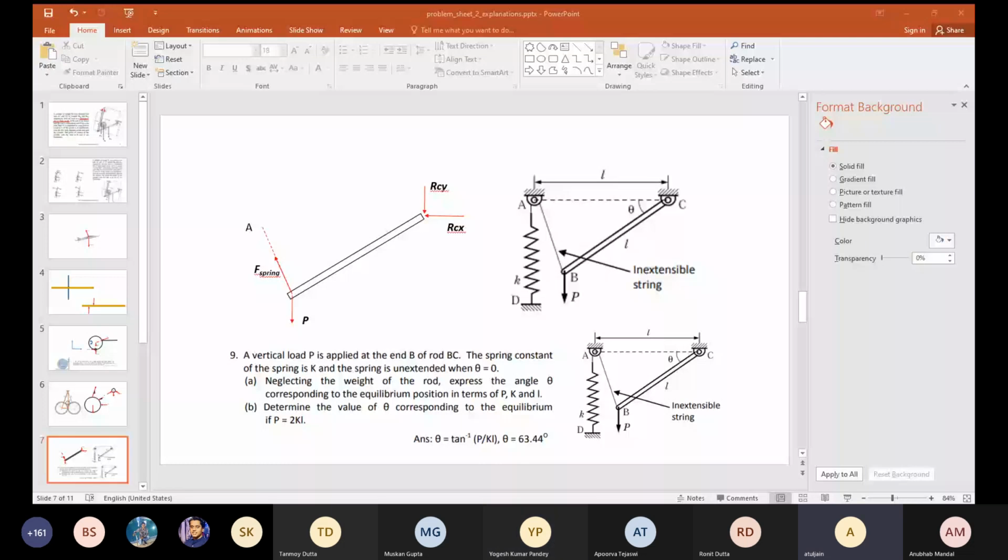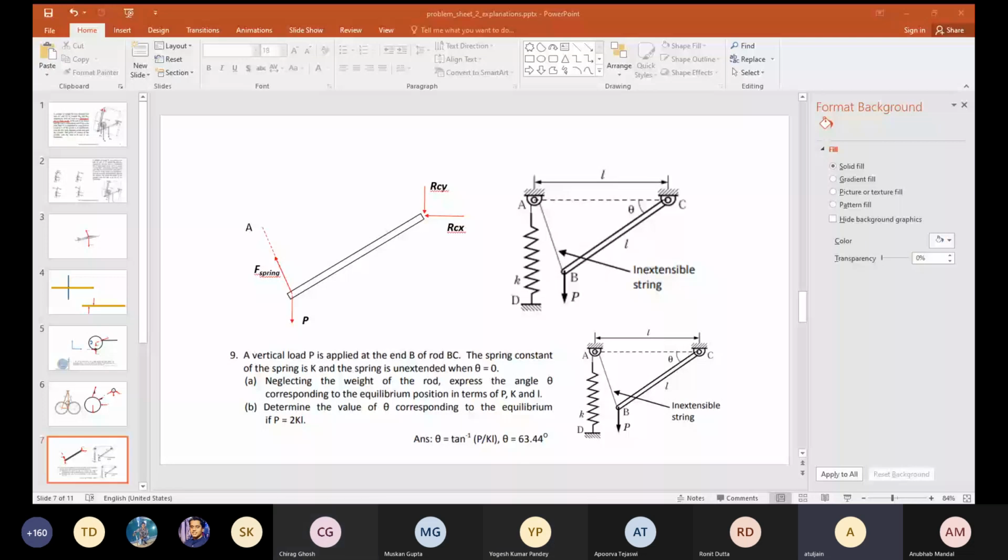Sir, I have a doubt in question 5. My numerical answer is correct, but the direction is coming out different. Okay, we'll come to it after we finish at least one problem of each type. Okay?